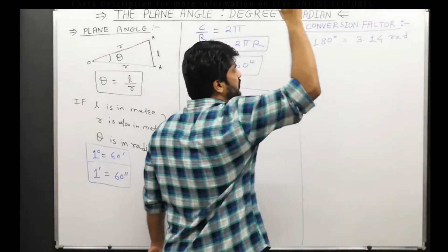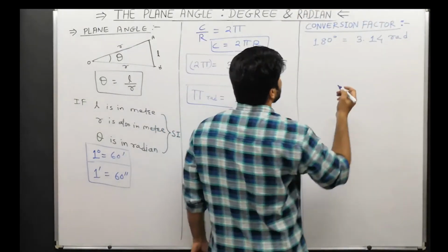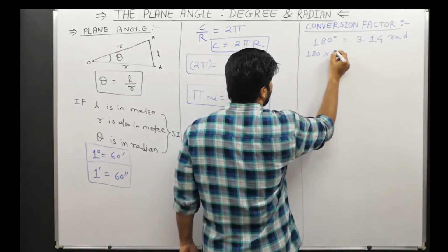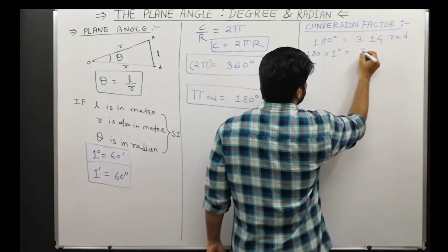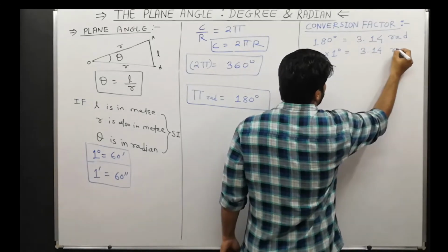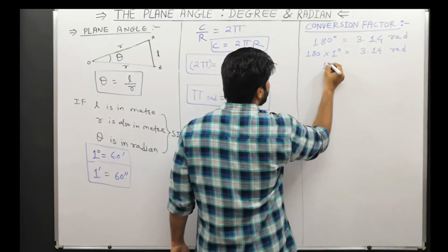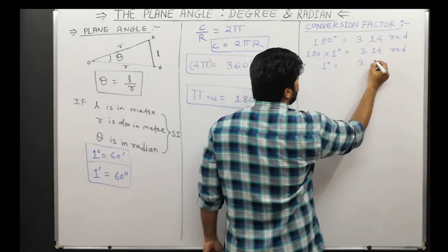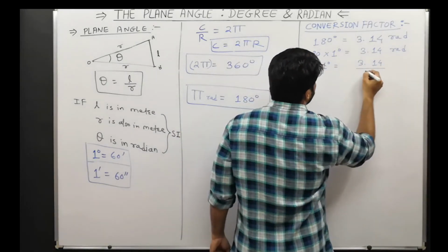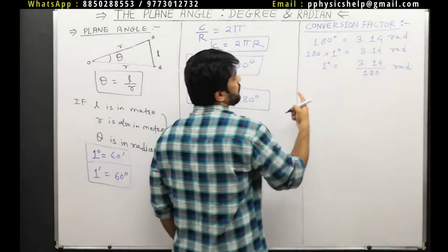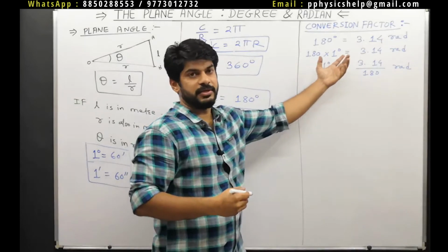Now using this equation itself, we can solve this. I can write this equation as 180 times 1 degree is equal to 3.14 radian, right? Now we can also write this as 1 degree is equal to 3.14 divided by 180, in radians, right?